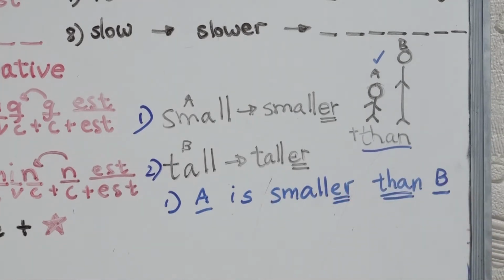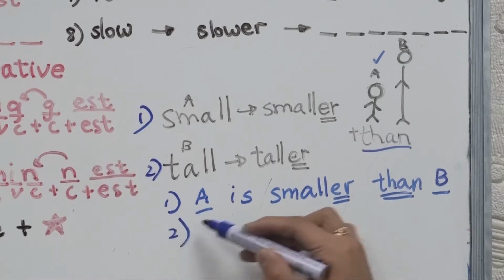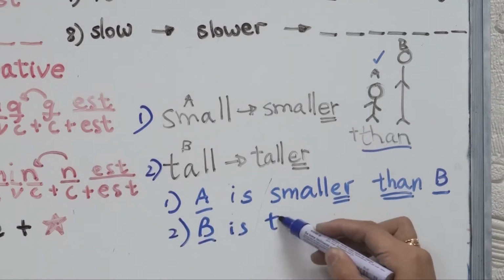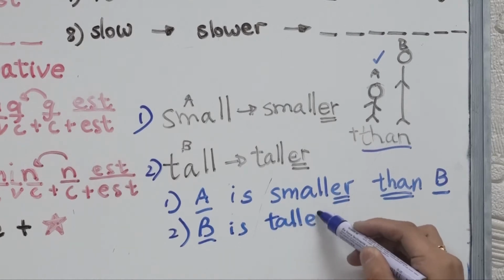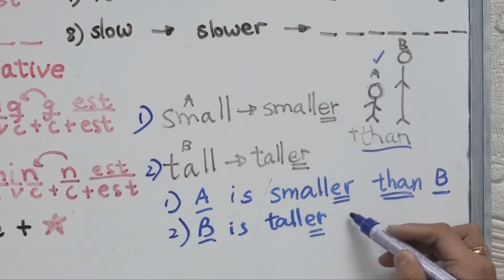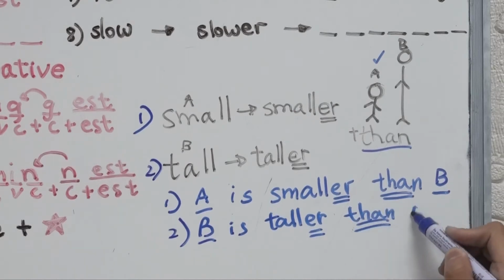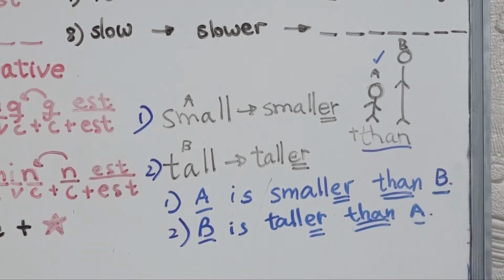So we will say B is, very good, taller. Don't forget the ER. And then always the word than, right? Taller than A. Very good. Full stop. Now, the ER and the than, another word, they always come together, right?